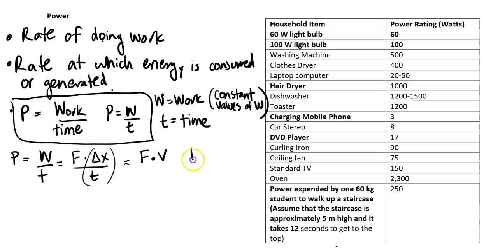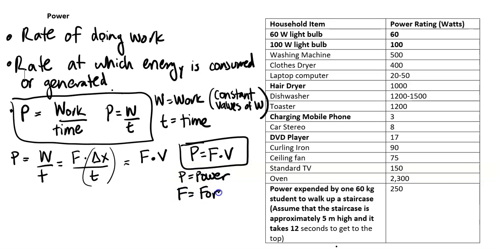So the other equation that we'll oftentimes use for power is force times velocity, where again, P is power, F is force, which will oftentimes be measured in newtons, and V is velocity, which we'll oftentimes measure in meters per second.